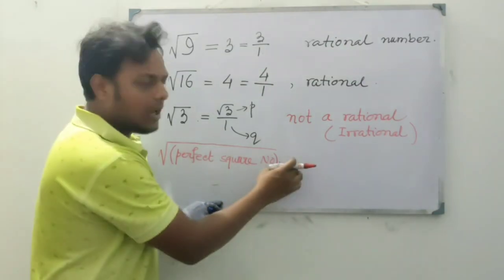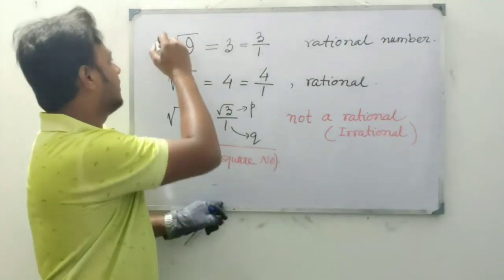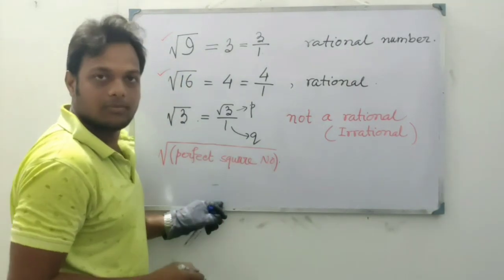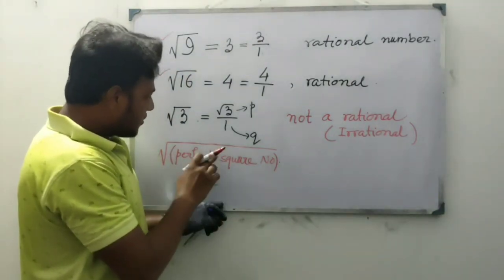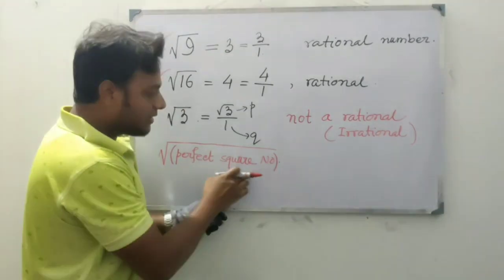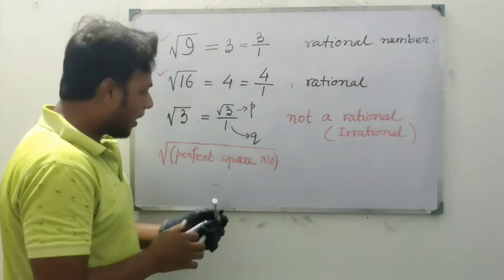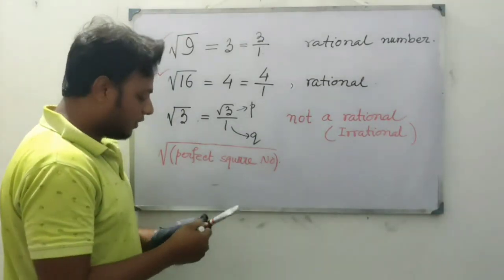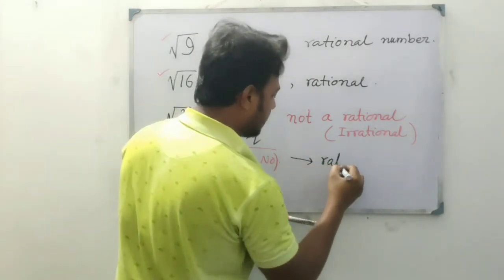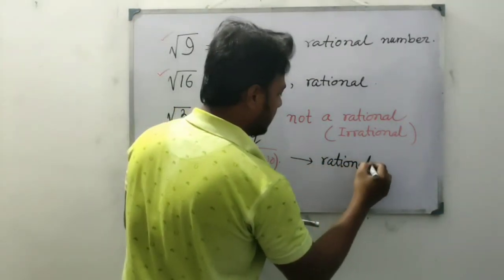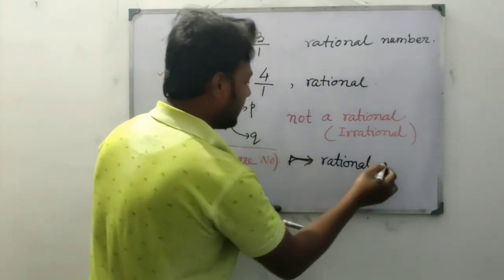Whatever number comes, it can be expressed into the form p by q, like root over 9 and root over 16. So if inside the square root a perfect square number is there, then the number must be rational. That means we are able to express it into the form p by q. So it must be rational.